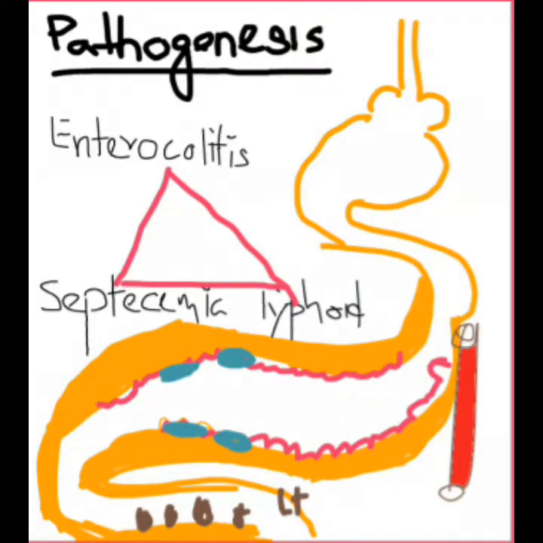We acquire this organism by the orofecal route, through the handling of food by people, and if it is not properly cooked, this organism will enter. But in order to cause infection, a large amount is supposed to enter your body.